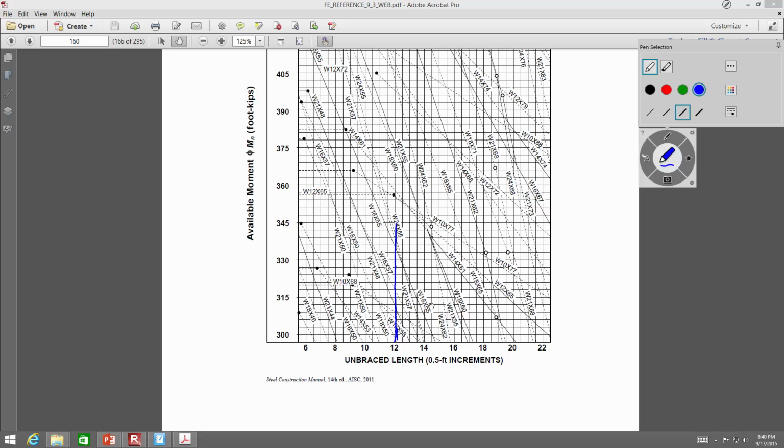Ooh, I crossed my W24x55, didn't I? Sure did. So it's about like that. And W24x55 is, I think, the top one. I kind of drew over it. So what's that value? About 344, 342, something like that.